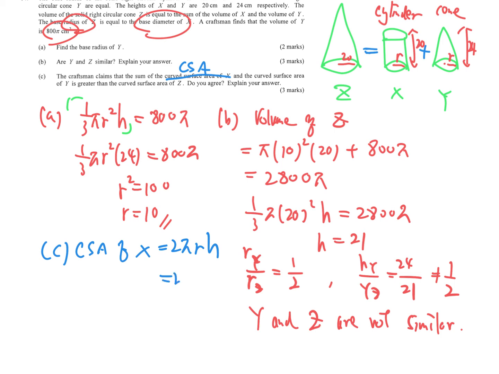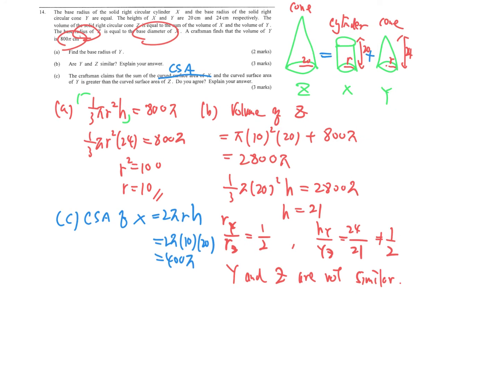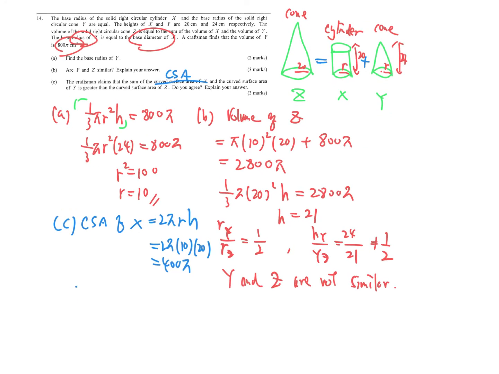For the curved surface area of X, CSA of X is 400 pi. Next, CSA of Y. Hope that you guys remember the formula is pi r L. L means the slant height of the cone.